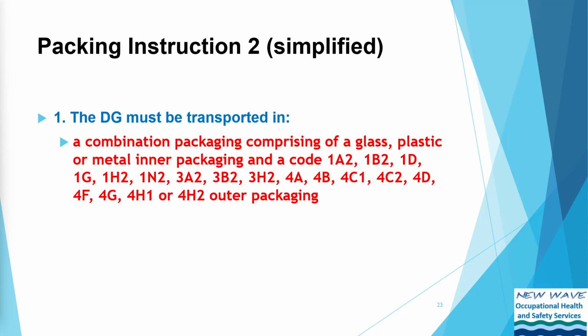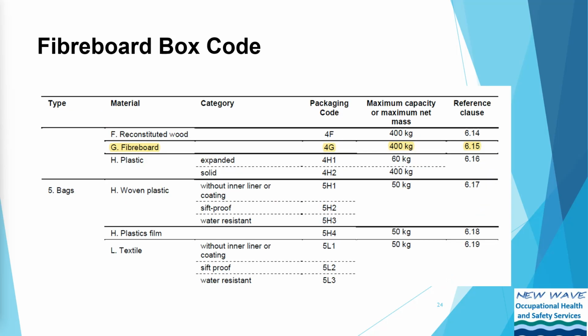Simplifying the first part of Pack Instruction 2, we get this slide which specifies a glass, plastic, or metal inner packaging, which we have since we are using a plastic bag, and an outer packaging that has one of the listed codes. And what is the code for a fiberboard box?